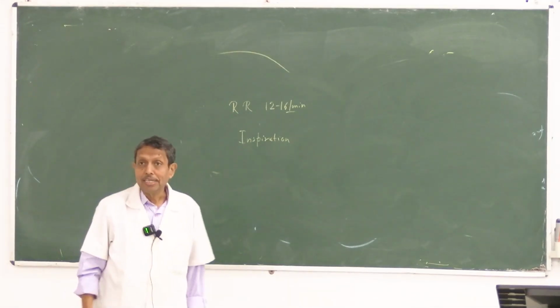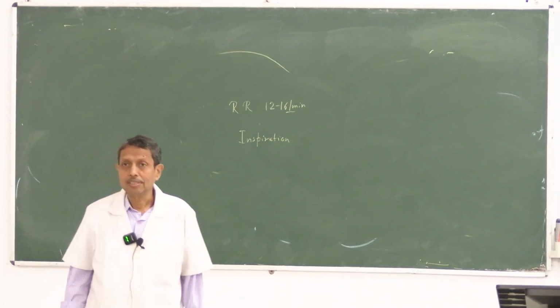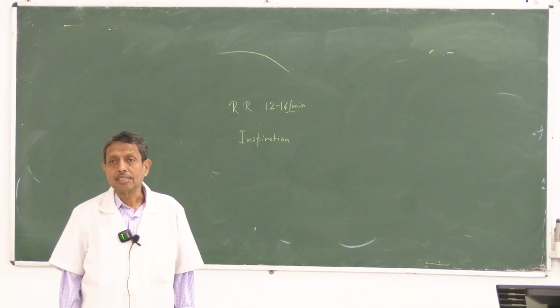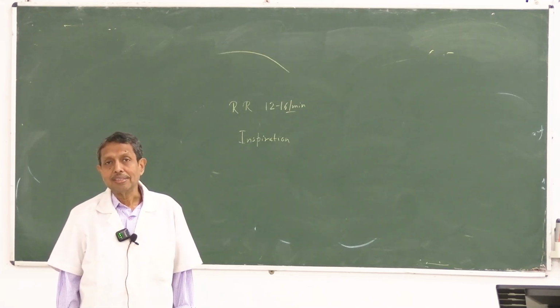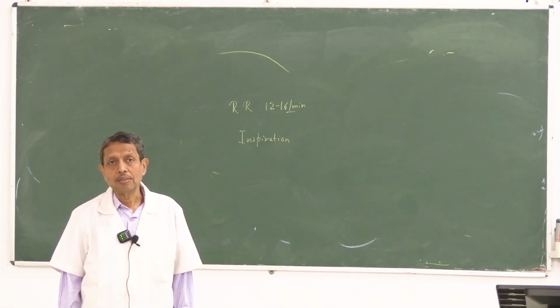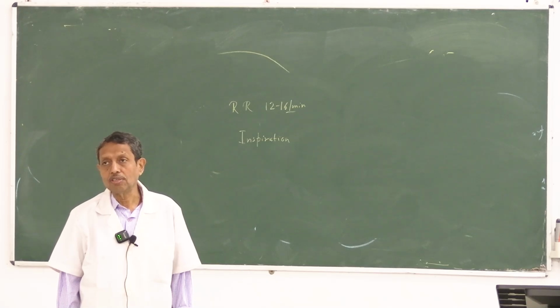Tidal inspiration is an active process. Active process means there is contraction of the muscle. But normal expiration is a passive process, in that no particular muscle contraction is required.